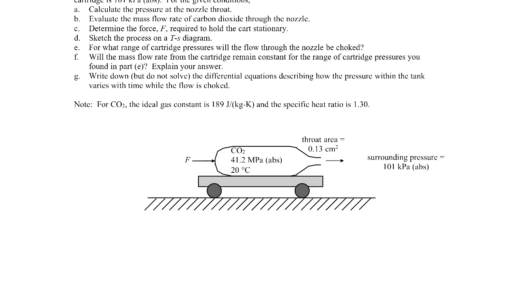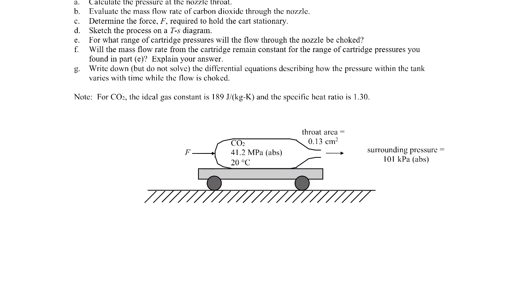And the way we do that is we're just going to see how this back pressure to stagnation pressure ratio compares to the sonic pressure to stagnation pressure ratio. So what I'm saying is we're going to just check to see if the back pressure to the stagnation pressure is less than or equal to the sonic pressure to the stagnation pressure.